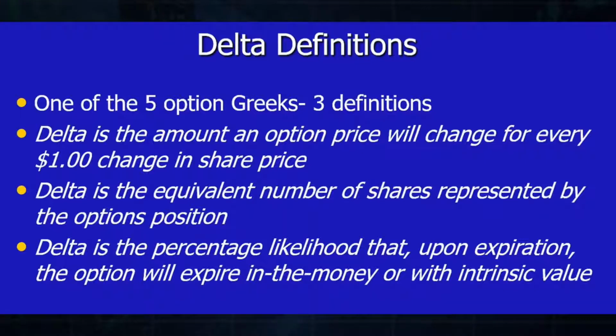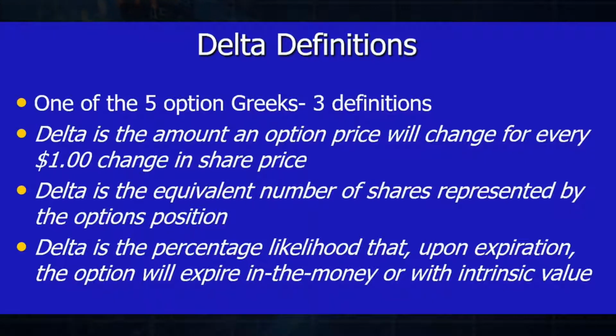Now the second one is something that's used a lot by portfolio managers and large institutional investors. They take delta as the equivalent number of shares represented by their options position. So what they're seeking is a delta neutral portfolio, or to come as close to it as possible, therefore limiting market risk.